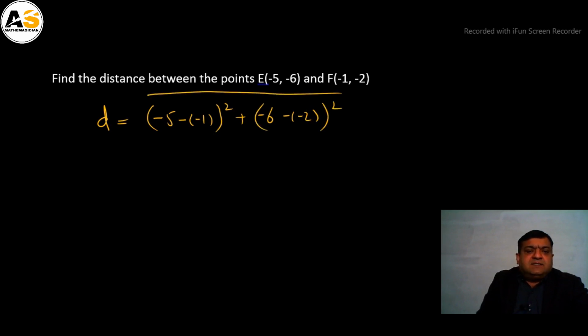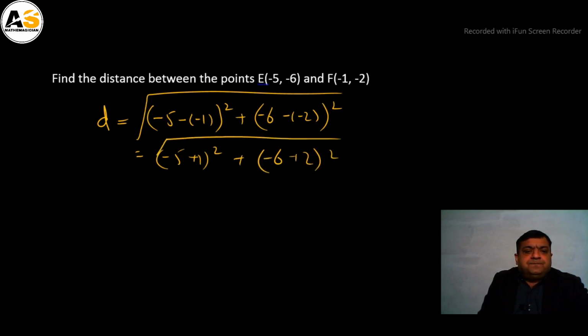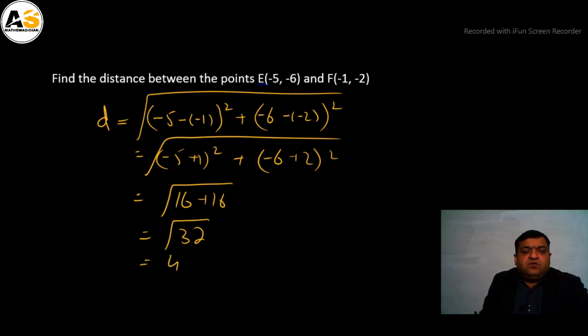Minus 5 plus 1 square, minus 6 plus 2 square, all under the root. 16 plus 16, square root, this will be square root of 32, again 4 square root 2.